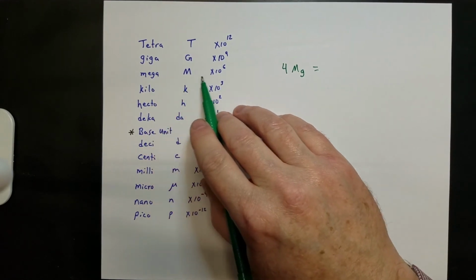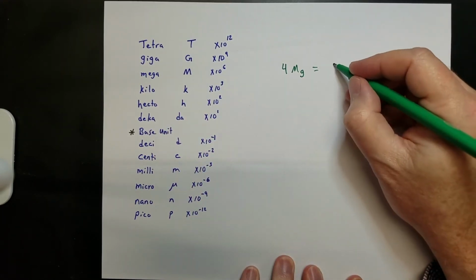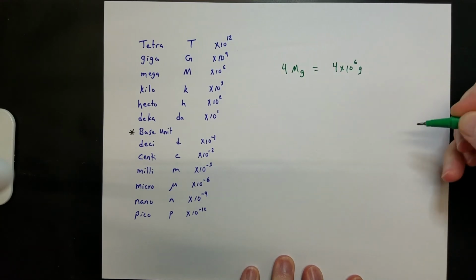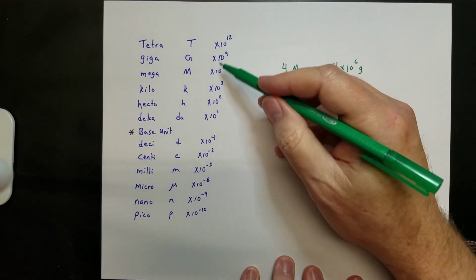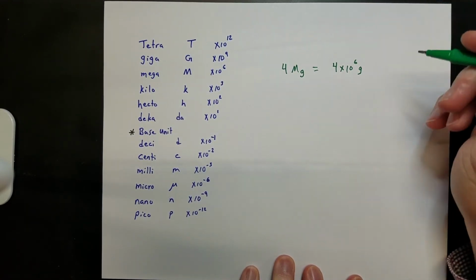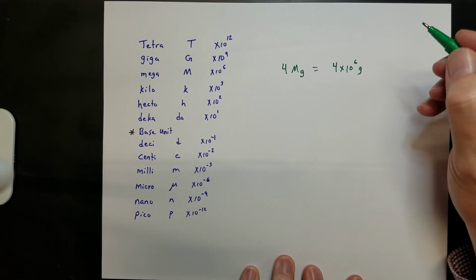Well, if you look at this, mega means times 10 to the 6th. So that'll just be 4 times 10 to the 6th grams. We would just tack this onto the end and then simplify it to make it look nice for whatever we're doing.